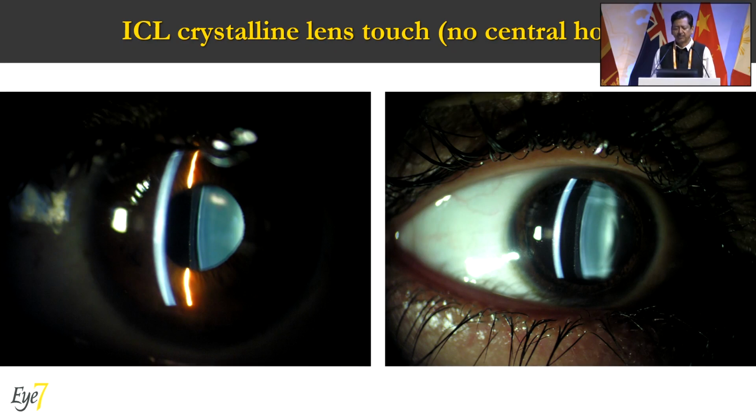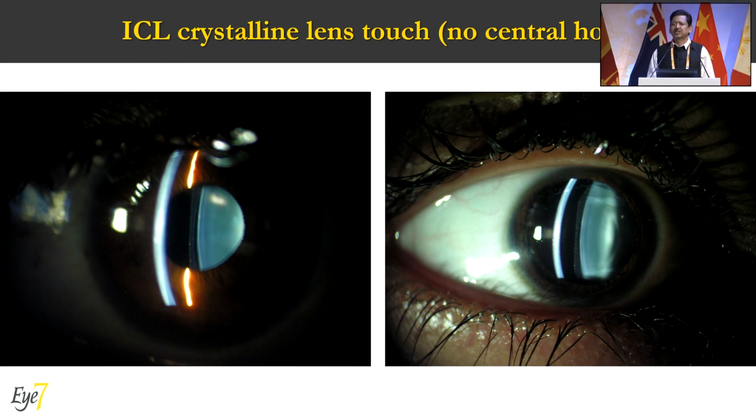However, here I am showing you a case. If you see on the left side, the ICL is touching the crystalline lens. It's a shallow vault. To get a better picture, I dilated the pupils to show you the whole anatomy of the ICL to the crystalline lens. It's very shallow here and it's touching at this place.